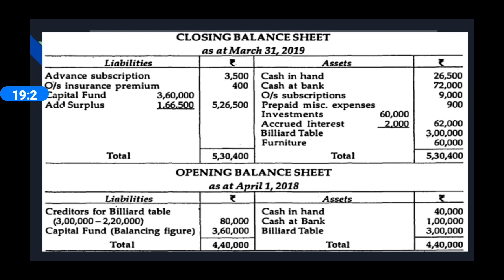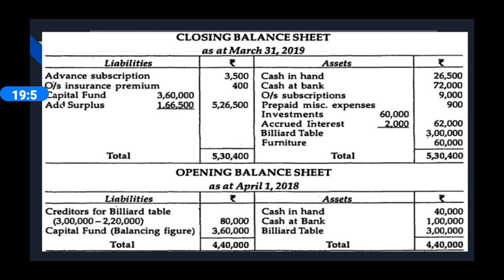That means outstanding interest is to be added with the investment, that is 62,000. Billiards table is an asset for a club. So both furniture and billiards table are shown on the asset side.